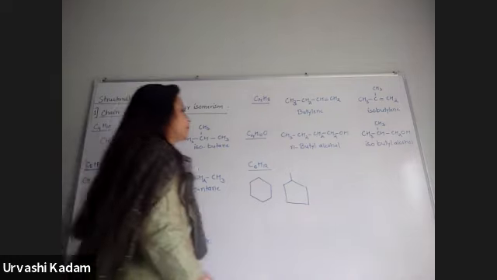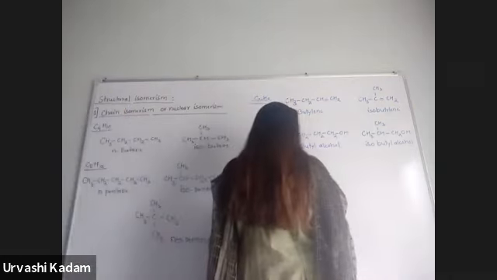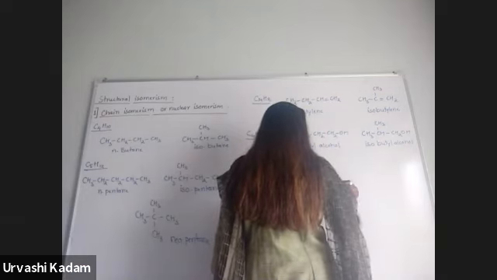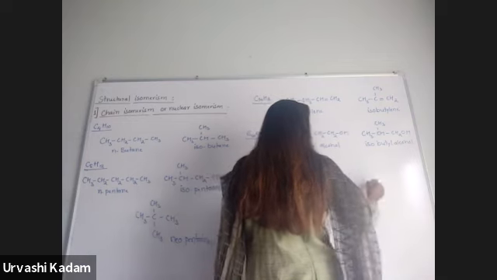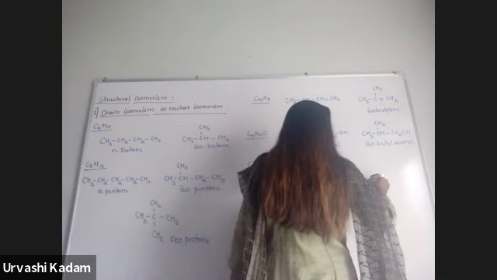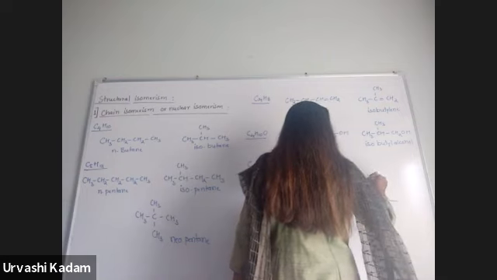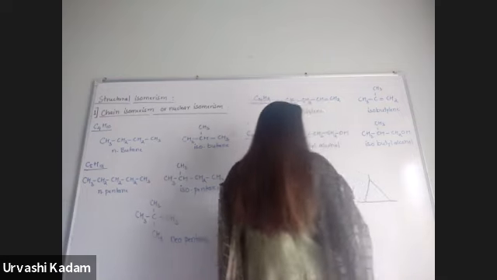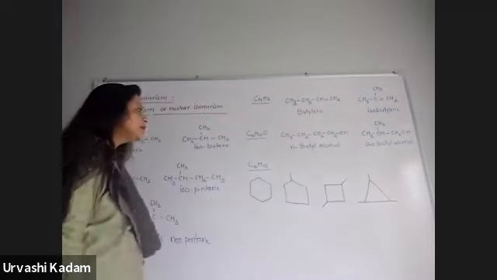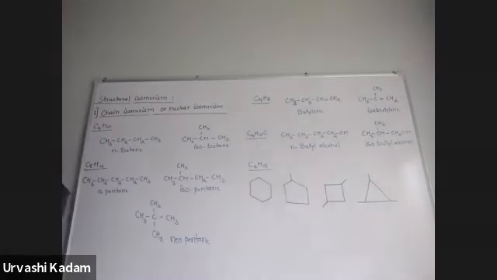And then I can go on writing more. So dimethylcyclobutane or trimethylcyclopropane. These are the chain isomers of each other. They all have the same molecular formula.